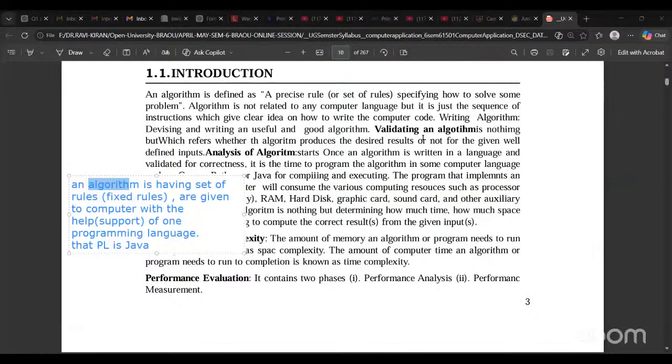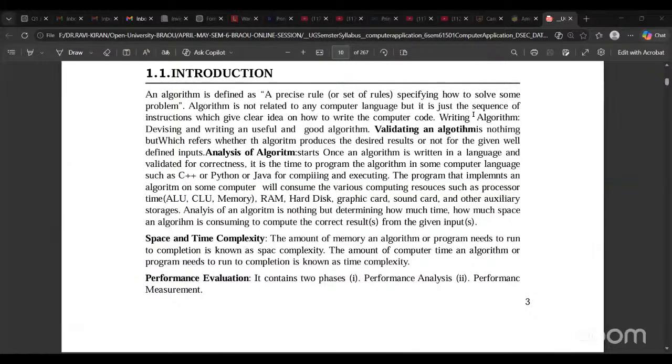You understand? So that is what an algorithm is.